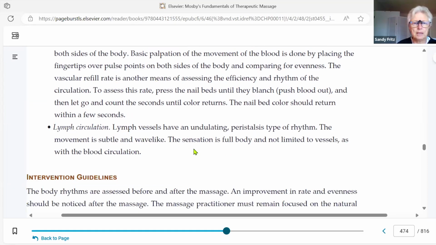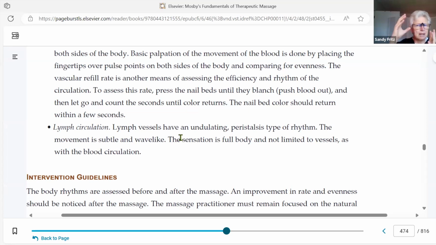And then we can palpate a little bit of an undulation of lymphatic circulation. It's very subtle, it's very slight. And so there are these fluid rhythms that we can get an idea of, and they should feel easy.